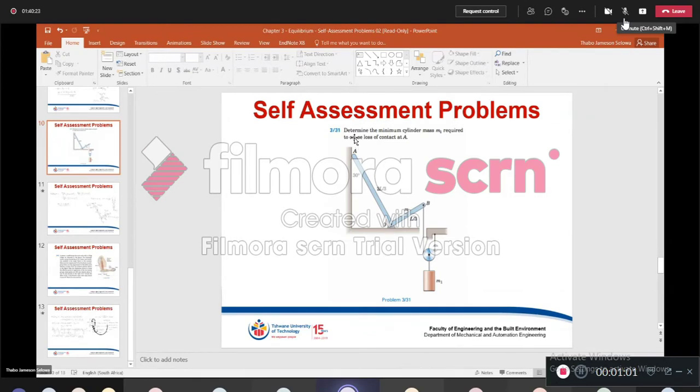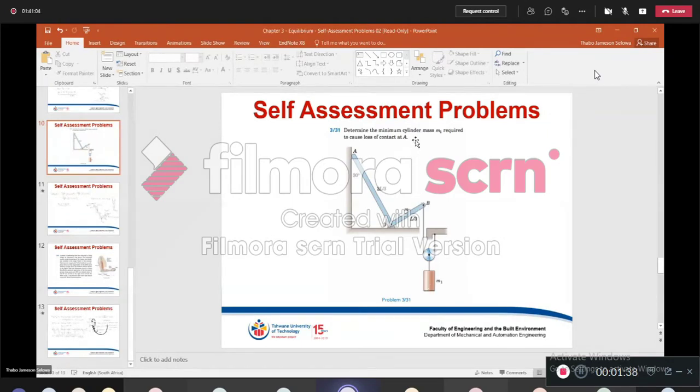Determine the minimum cylinder mass M required to cause a loss of contact at A. So they want us to determine the minimum mass required to cause the loss of contact at A. Basically they want it to go down, and the pushing will be caused by this mass here.